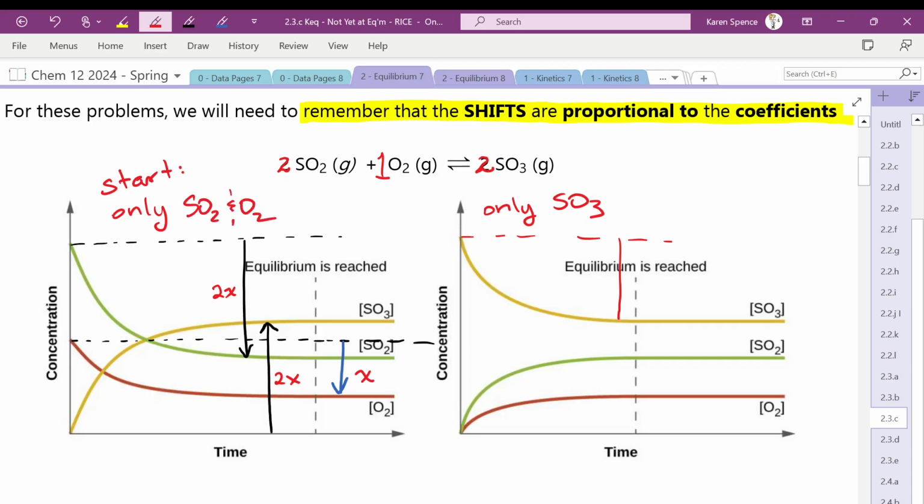So this one started with only reactants. This one started with only products. And you could, if you wanted to, go through and say, oh, look, I've got 2X, I've got 2X, and I've got 1X.